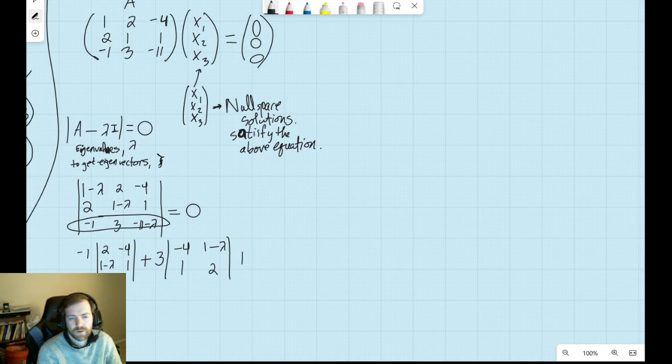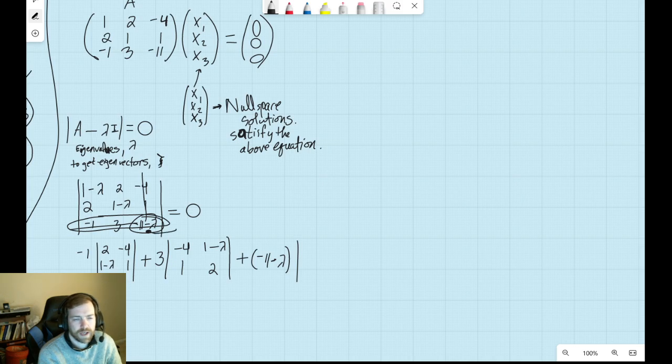Alright, and then we do another plus. And we get on the outside -11 minus lambda times the determinant of, and again here, cross out the column, cross out the row, it's this block here. So again, from this particular point here, I go right and down.